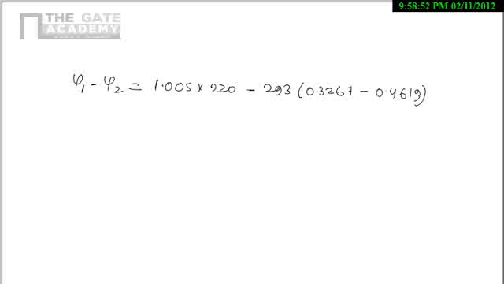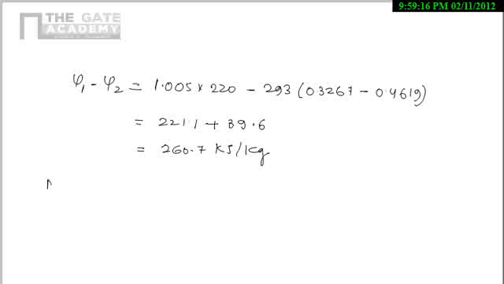This value we got from the previous equation. So we can write 221.1 plus 39.6. So we have 260.7 kilojoule per kg.